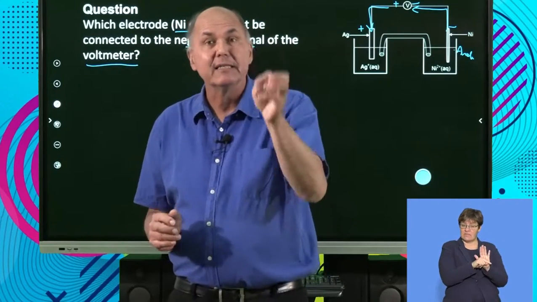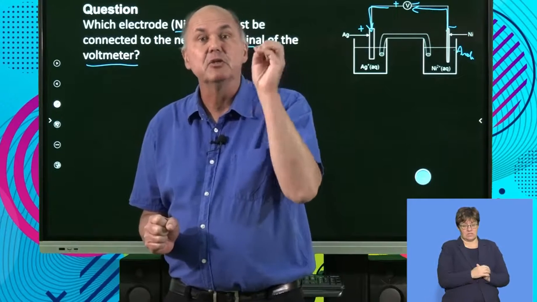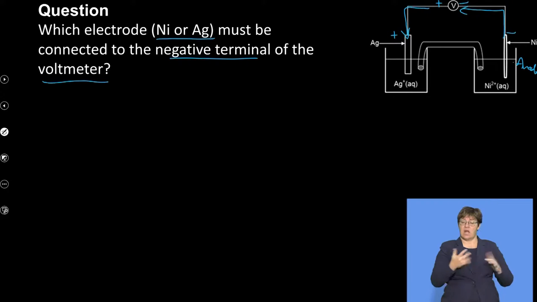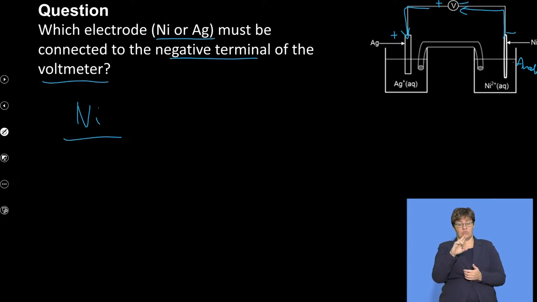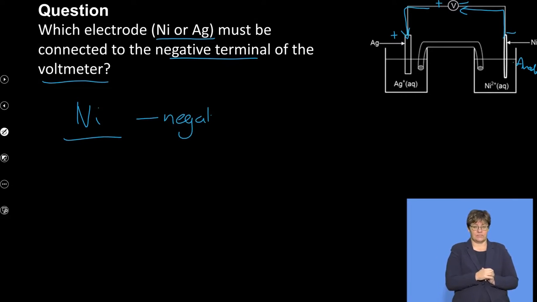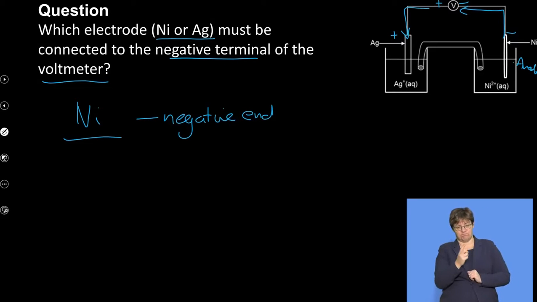And so in this case, we have to connect the negative end of the voltmeter to the anode. So that's how we've done it. And so what we're going to say, the electrode must be the nickel electrode. So make sure the nickel electrode is connected to the negative terminal of the voltmeter.